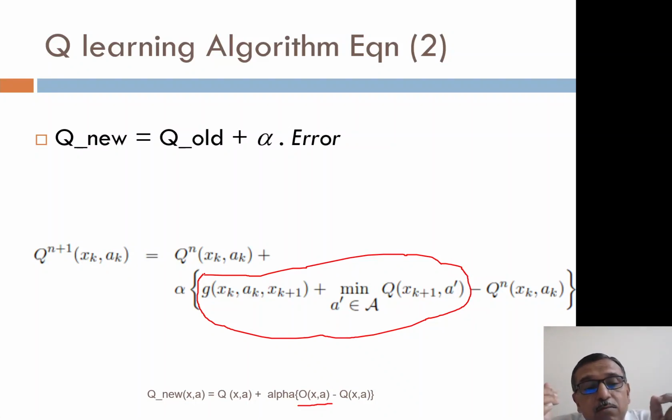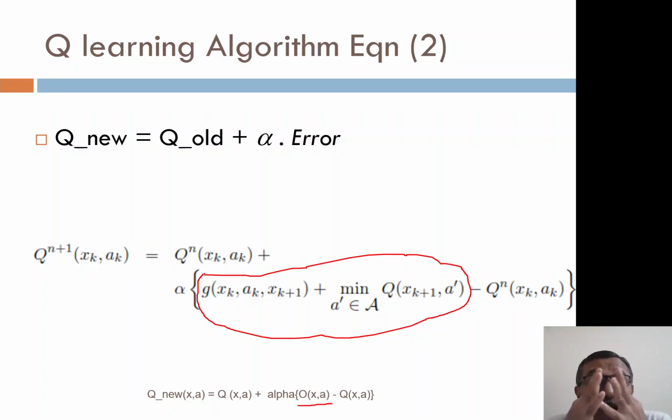If you start with any reasonably good Q value, say take all of them zeros or take all of them random numbers between -1 and 0.1, then the Q values will converge to optimal Q values.